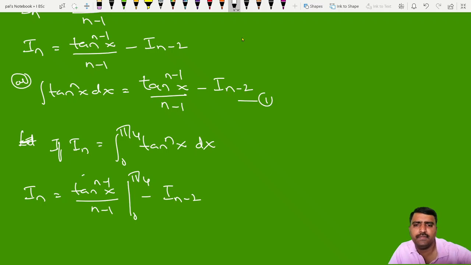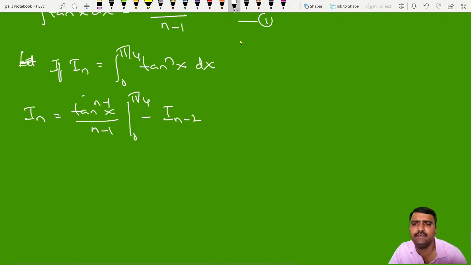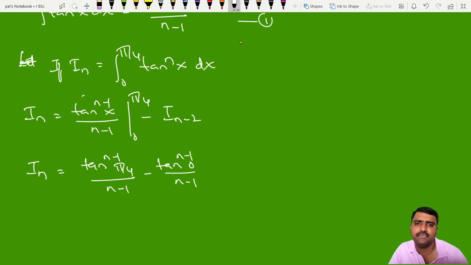So now you apply the limit. In is equal to tan to the n minus 1 pi by 4 by n minus 1 minus tan to the power n minus 1 0 by n minus 1 minus in minus 2.